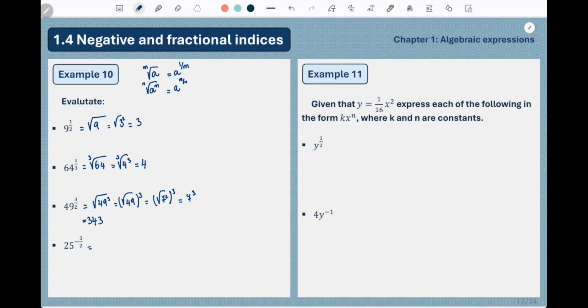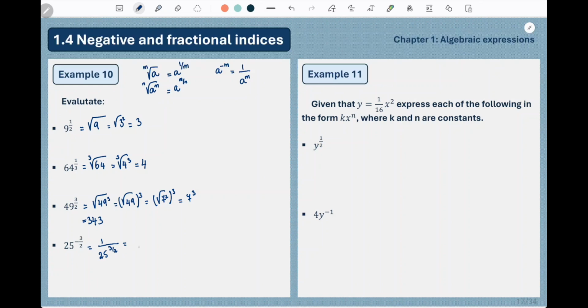The next one is 25 to the power of minus 3 over 2. We said earlier that if we have a to the power of minus m, then it's 1 over a to the power of m. So it just changes the sign: instead of being negative, it becomes positive, but it goes in the denominator instead of the numerator. I'm going to rewrite it using this law.